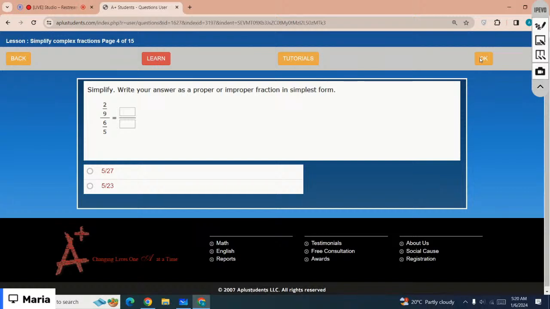That is 5 over 27. Yes, option number 1 is the correct option. Very good. That is 5 over 27.